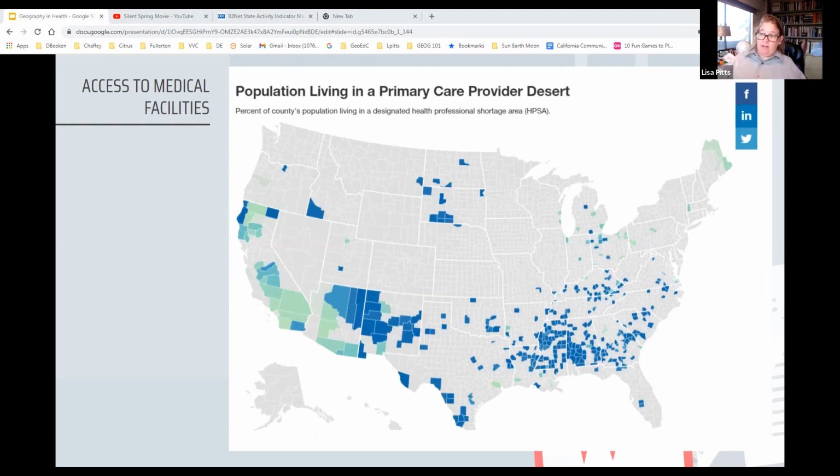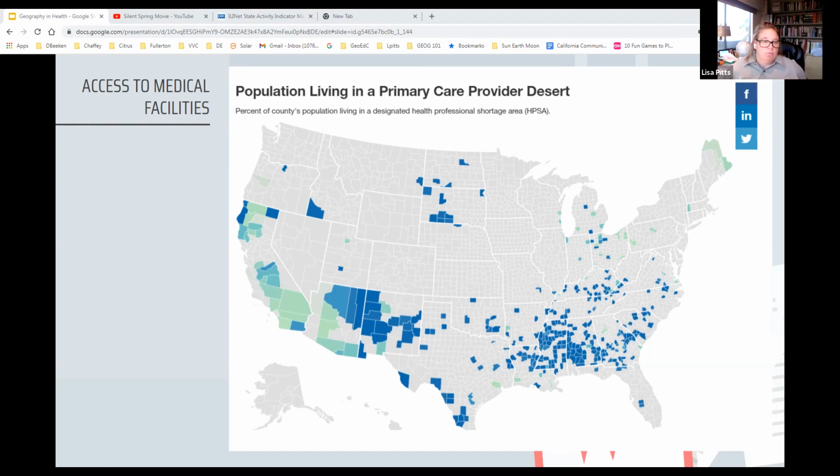On average, healthcare provider deserts have 1 full primary care provider for every 10,000 people. So a potential patient caseload over 3 times the recommended level. So in total, about 13 million people live in a primary care provider desert. This would be Orange County here.